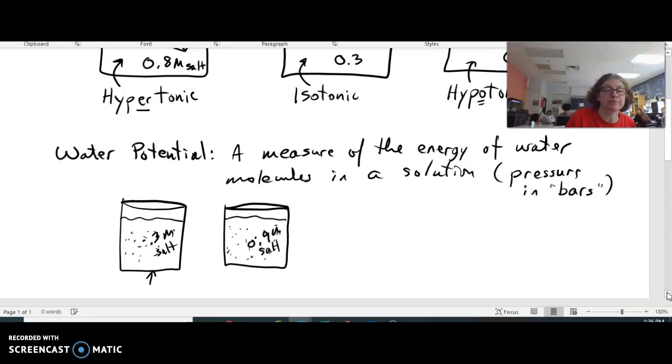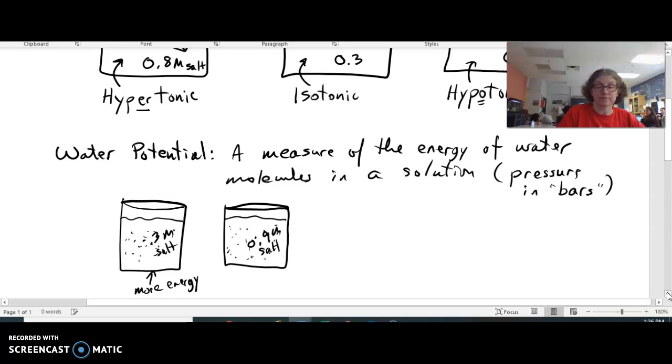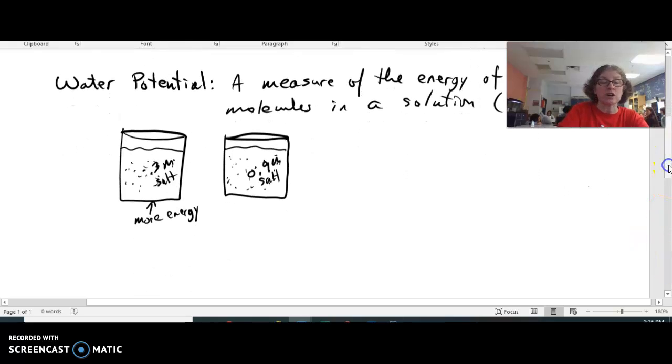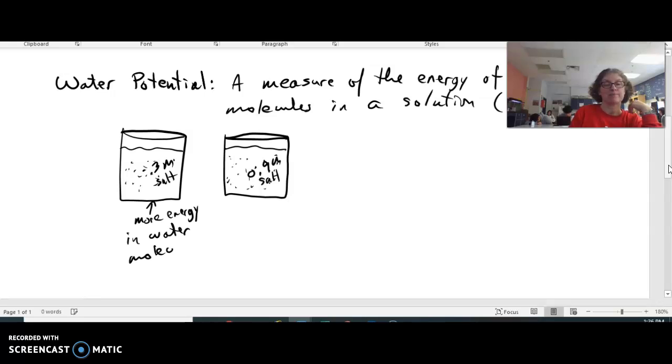This one. So what happens here is this: the more solutes there are in the water, the more they bind up the water molecules. That's what happens, right?